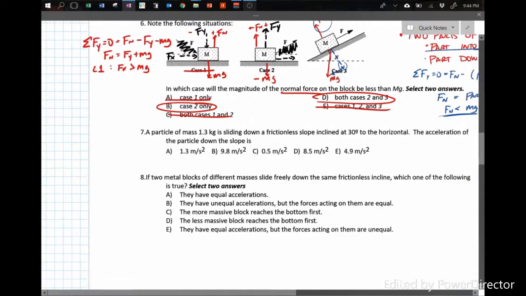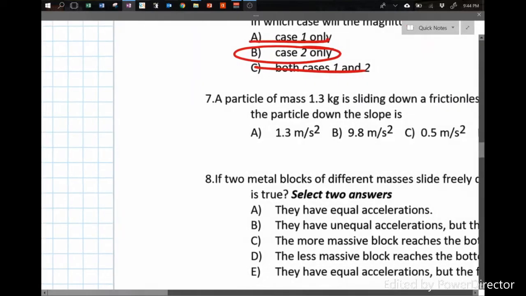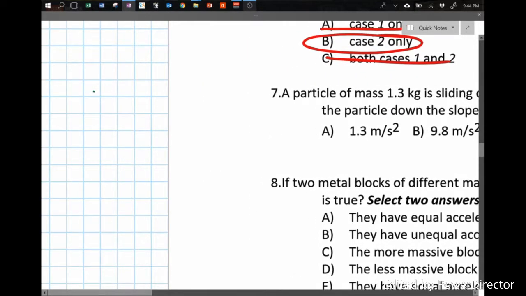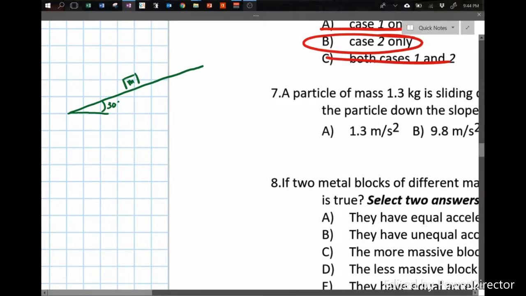So even though we're on an inclined plane, we're still following the same steps, those steps being draw a free body diagram. So here's my plane. Here's my mass, which we know is 1.3 kilograms. And here's the angle, which is 30 degrees. And sliding down the incline, it's frictionless.